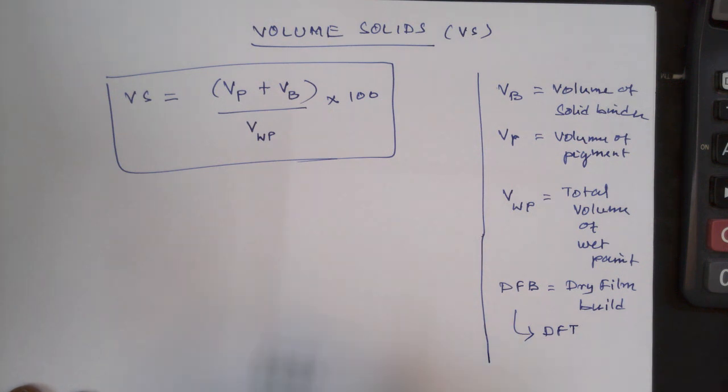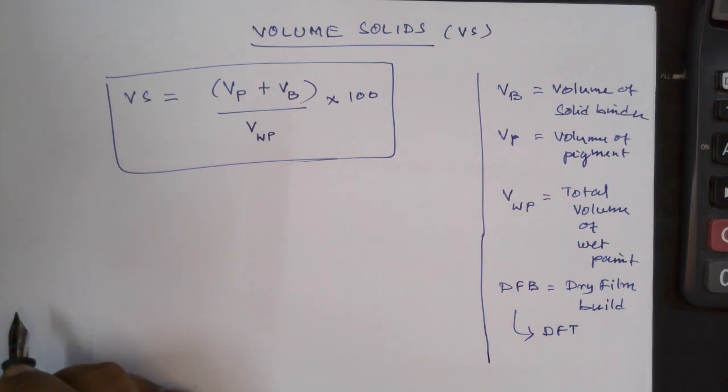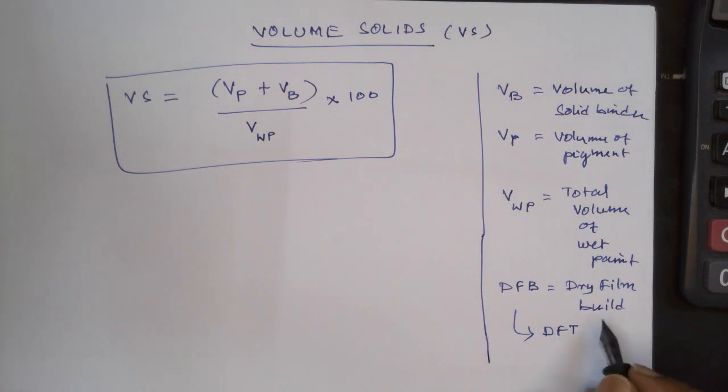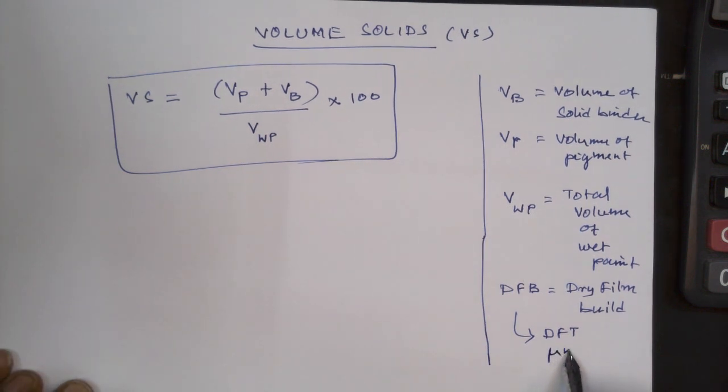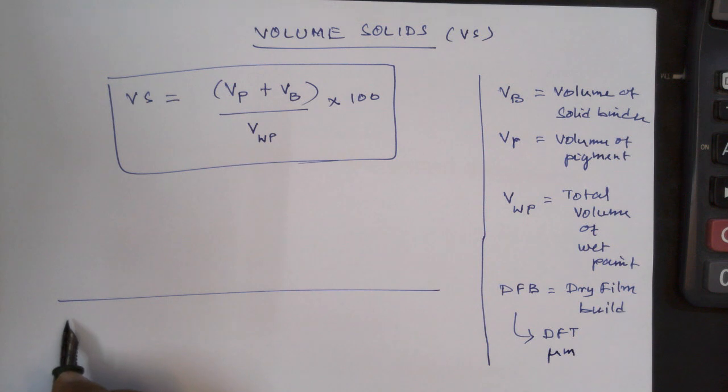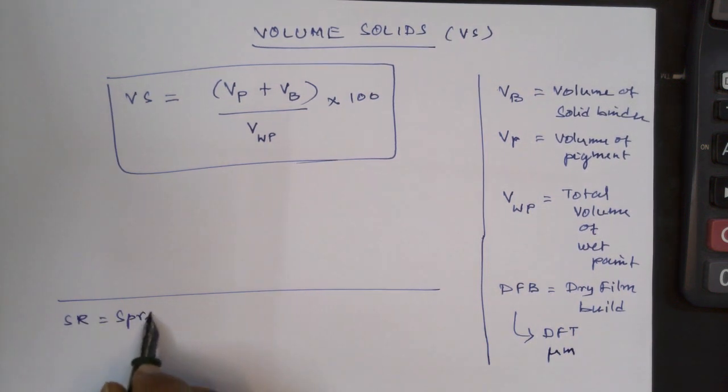Are you able to follow? Right. Now the dry film build or dry film thickness is always measured in terms of micron, so micrometer. And the spreading rate can be called SR, spreading rate.